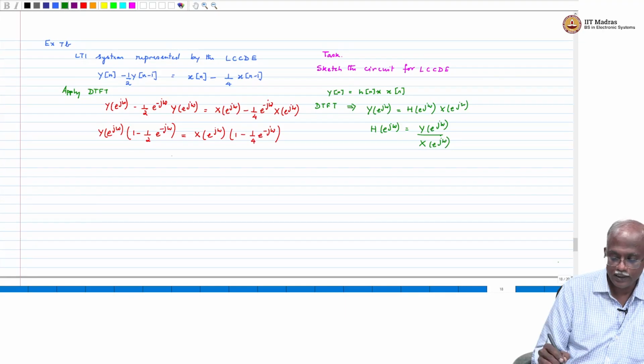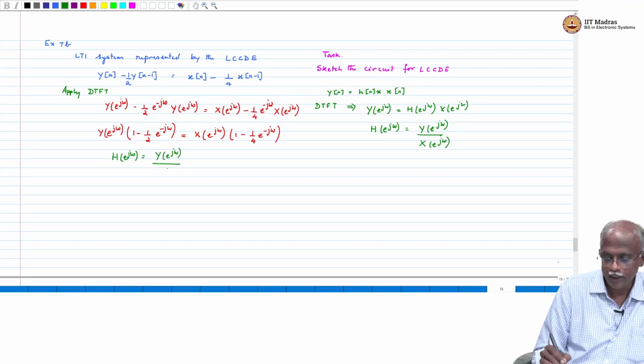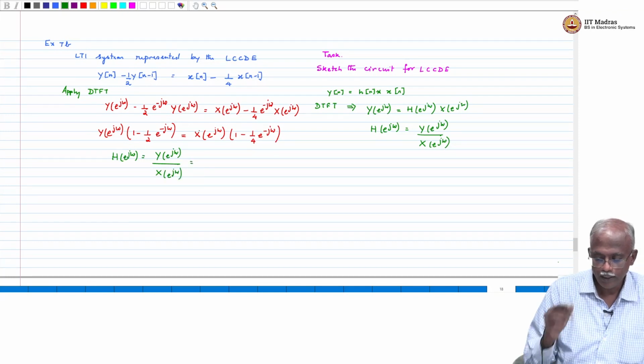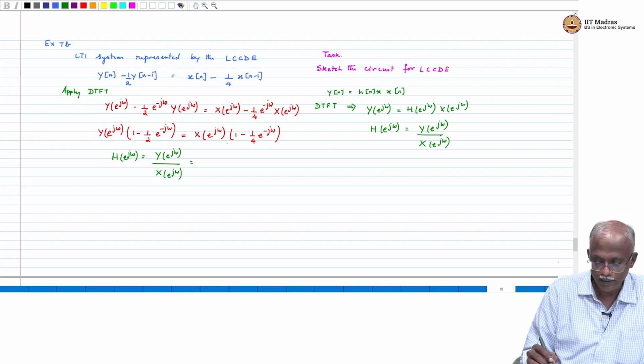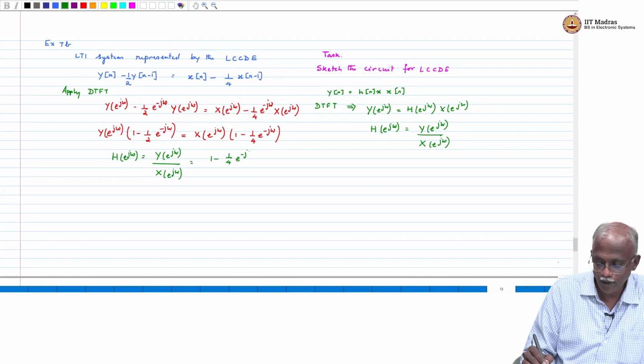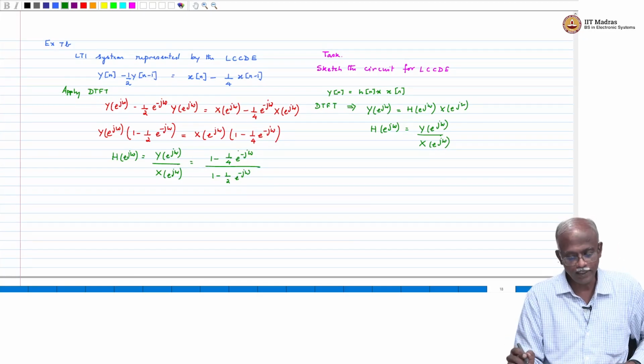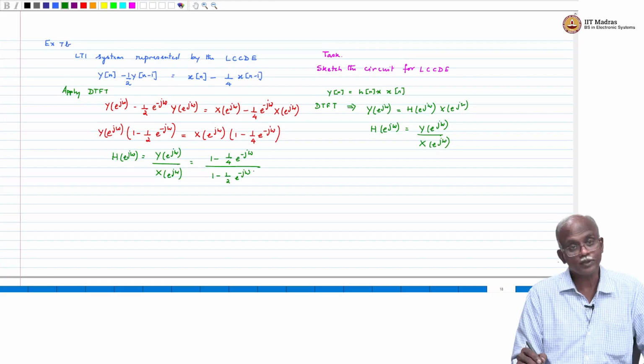Okay, this then says take the ratio H e to the j omega is equal to Y e to the j omega divided by X e to the j omega. That will basically give us the expression 1 minus 1/4 e power minus j omega divided by 1 minus 1/2 e power minus j omega. You can cross multiply and verify that this is the expression that we get.